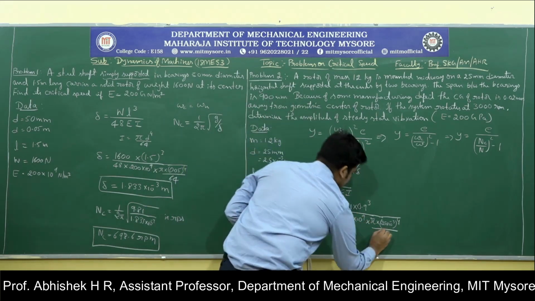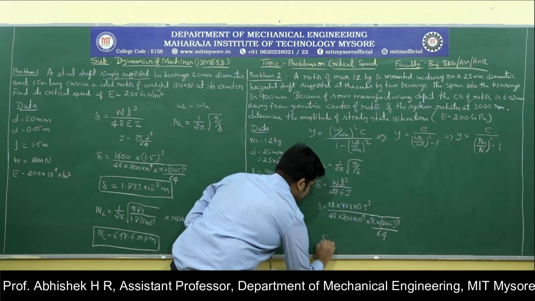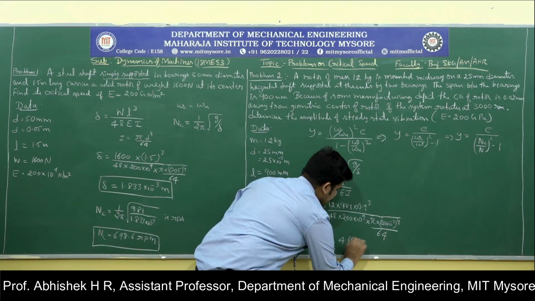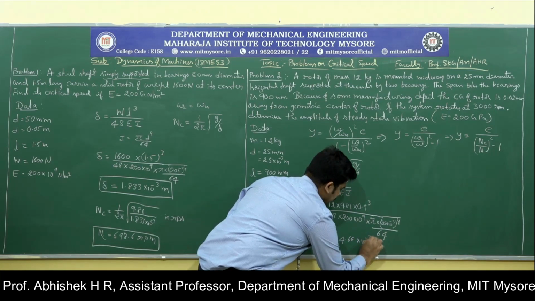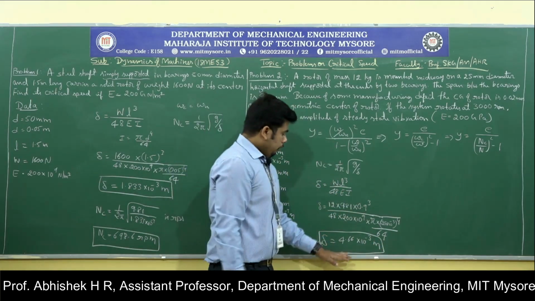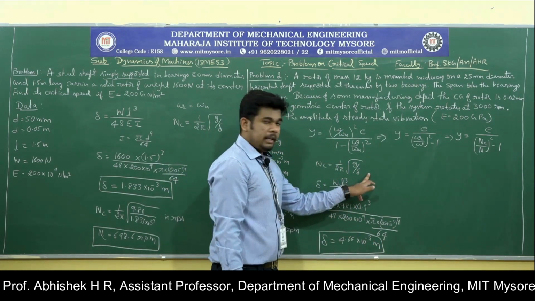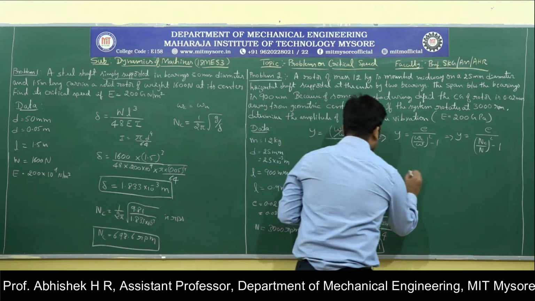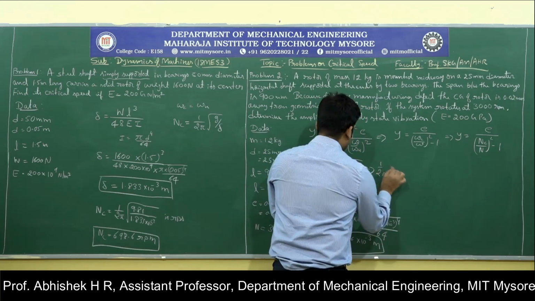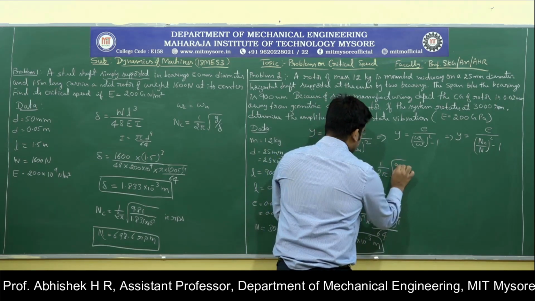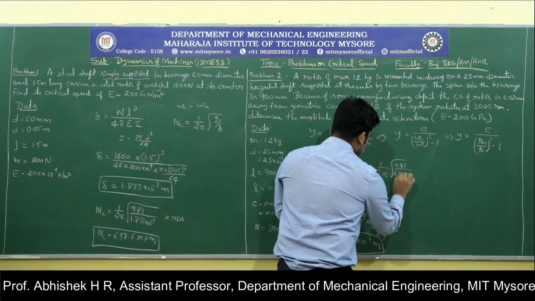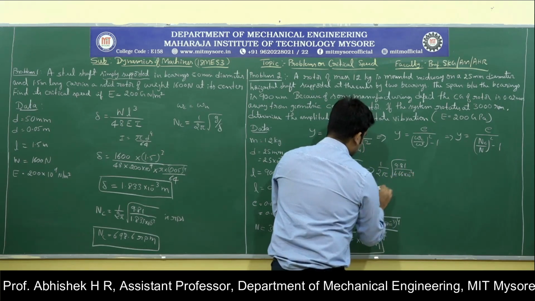So we will get delta as 4.66 into 10 to the power of minus 4 meter. Now from delta we can calculate Nc. So Nc is 1 by 2 pi into square root of 9.81 divided by 4.66 into 10 to the power of minus 4.